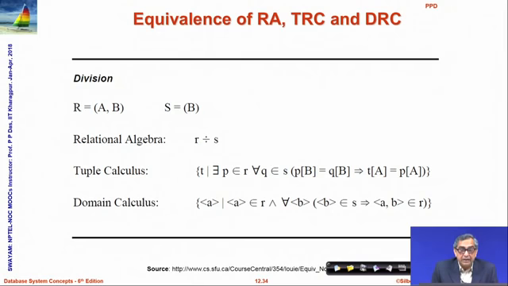I will leave that as an exercise as well, but here what I show is in tuple calculus how you can write division using the quantifiers. So, here you can see that for the first time we do need to use the universal quantifier to make sure that while I divide, the whole of the table of S must be available against the part of the tuple, part of the y attributes as we said, that will be collected in the result.